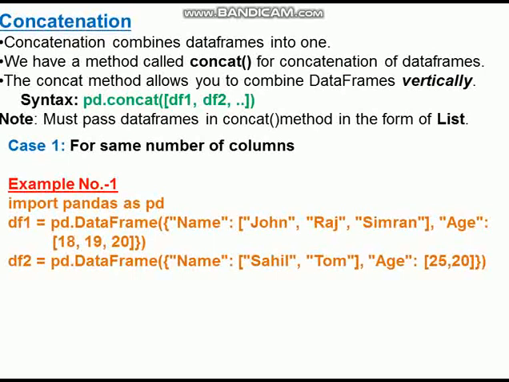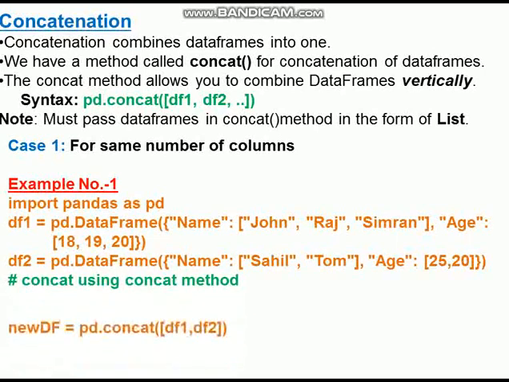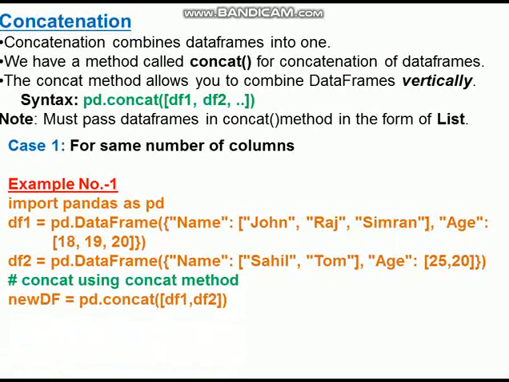So in both the tables, the keys are the same, so the number of columns is the same. Using the concat method, the code is new_df as the variable name equals pd.concat within a small bracket, within a square bracket, df1, df2, square bracket close, small bracket close.